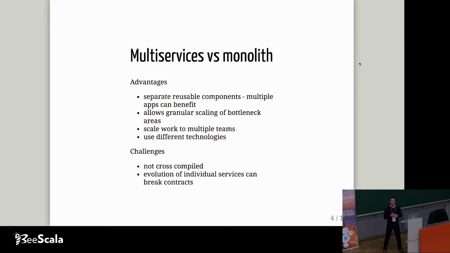Then you can deploy that particular service on beefier machines, or run more nodes for that particular one, instead of, for example, with a monolith, where you would have to deploy the whole application on so many nodes that would have to accommodate everything.